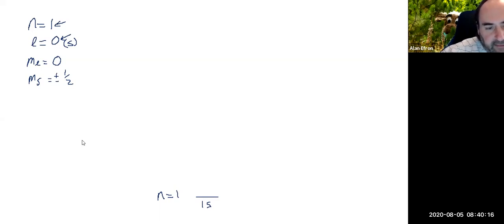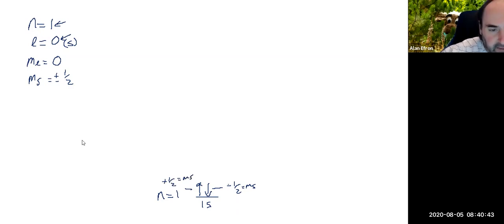And M sub L means that there's only one orbital. And plus or minus a half means that when we put our electrons in there, the first one would go up, the second one would go down. The one going down has a minus 1/2 for M sub S, and the one pointing up has plus 1/2 for M sub S.